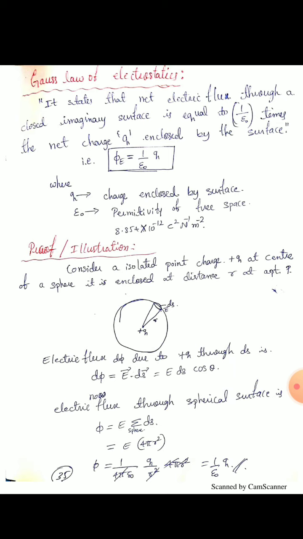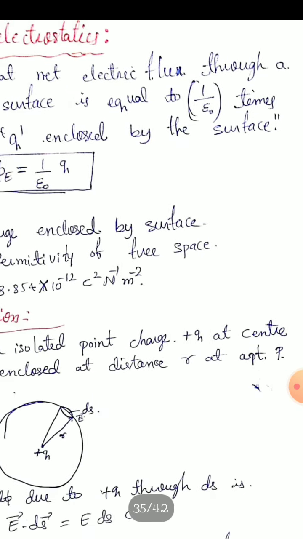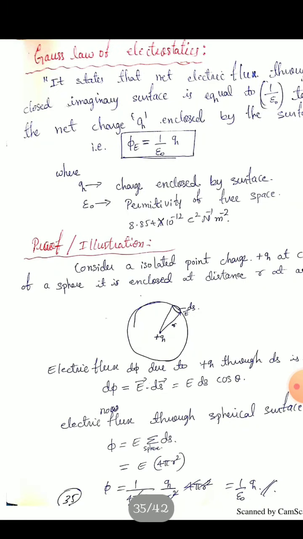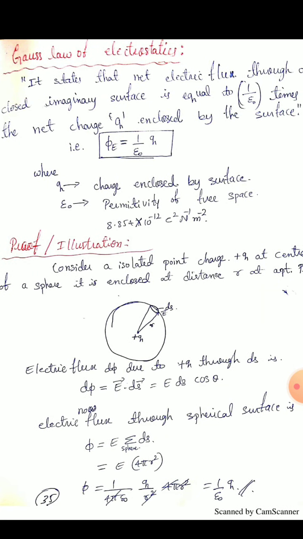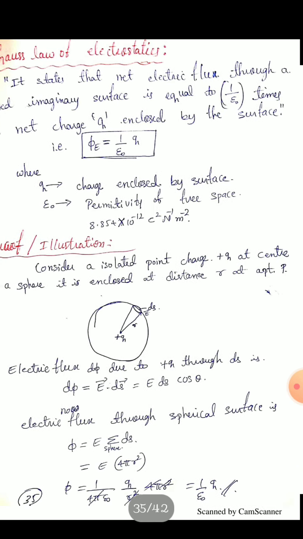What does it state? First of all, remember that Gauss law talks about charge distribution and electric flux. It states that the net electric flux through a closed imaginary surface is equal to 1 divided by epsilon naught times the net charge Q enclosed by the surface.